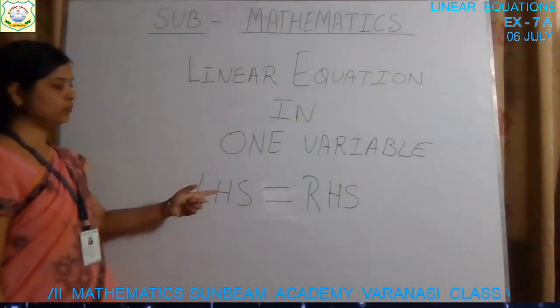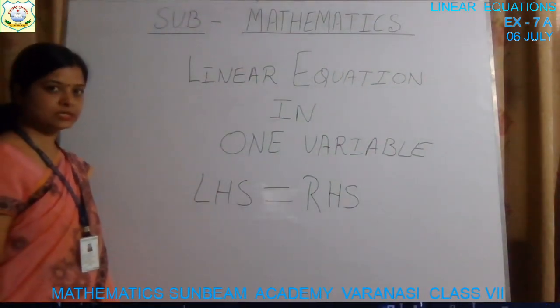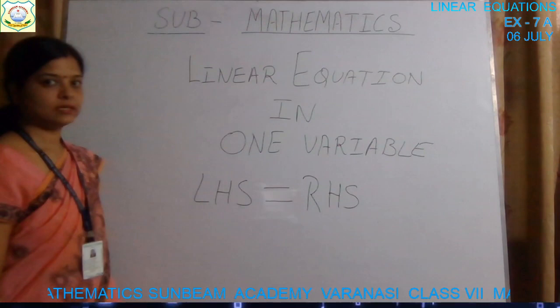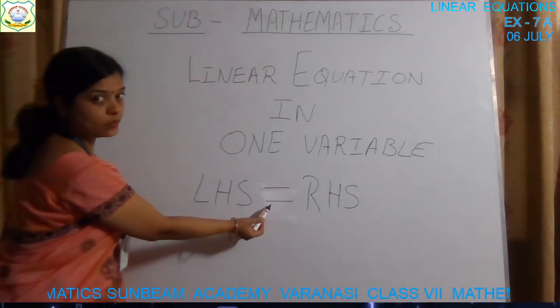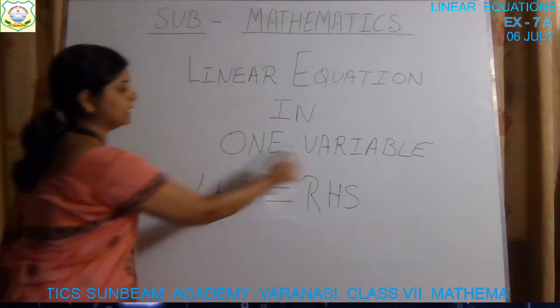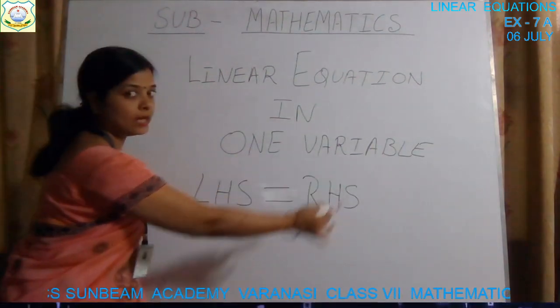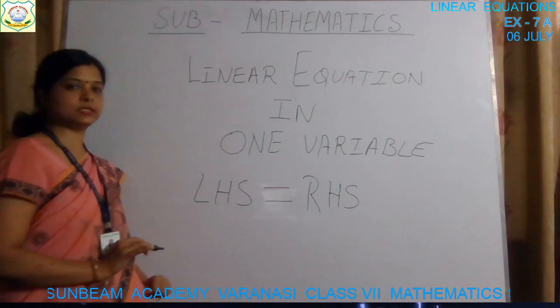So if LHS is equal to RHS, wherever we use the equal to sign, we take this as a whole and we call it an equation.